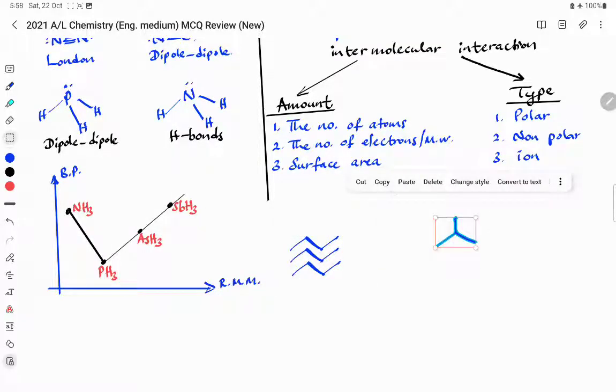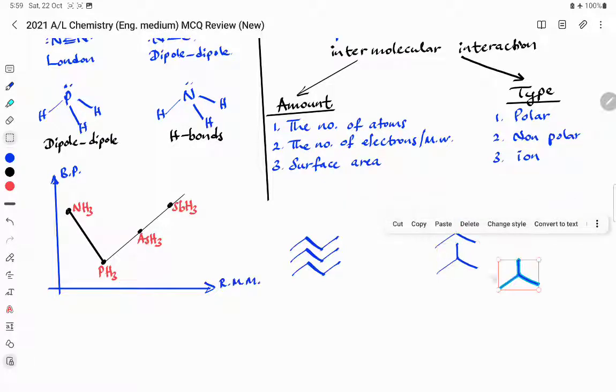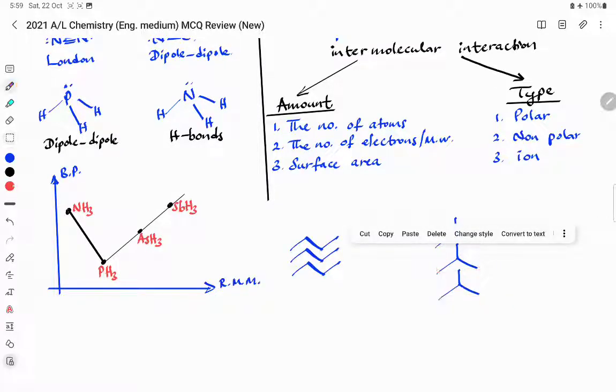If you consider this one, they cannot be closely packed like that. See? If we draw the London forces, here the London force is shorter and it can form lots of London forces.